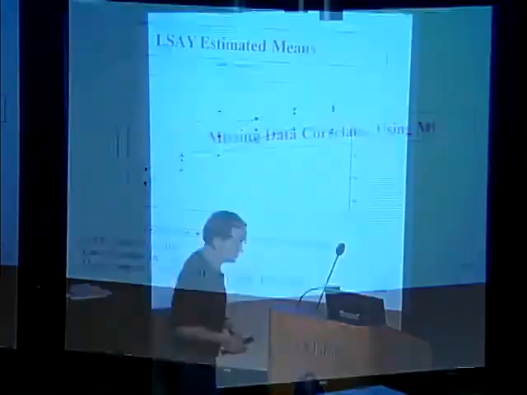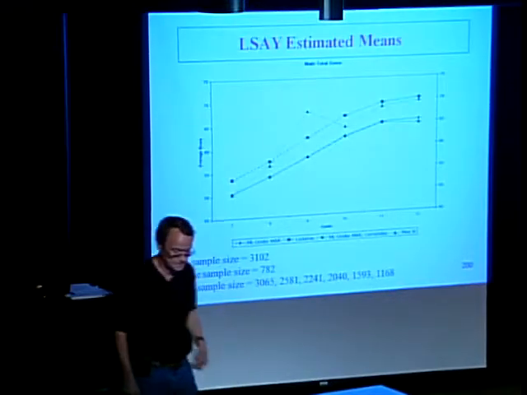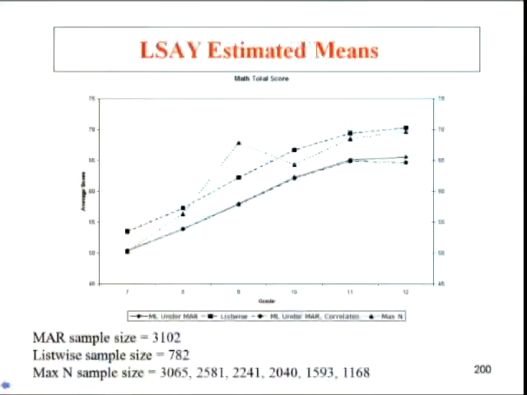And instead, let's focus on slide 200 here for a second as just a segue to what's coming. You would think that it's very easy to estimate a mean for a variable, but with missingness, that's no longer true. Take, for instance, the mean of the LSAY math score at grade 9.